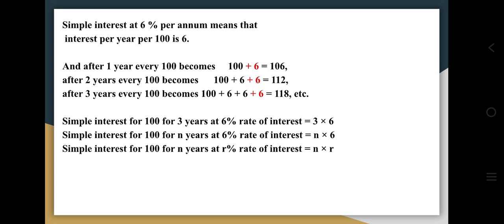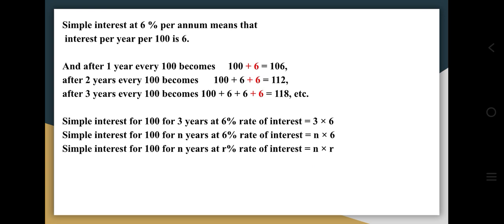So here we note that the simple interest for 100 for 3 years at 6% rate of interest is 18. That is 3 into 6.